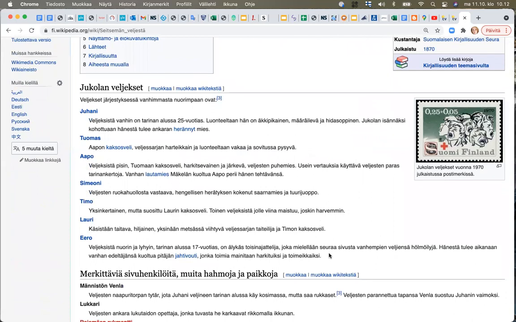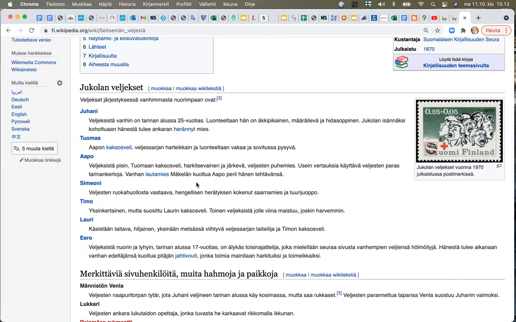Okay, but basically this is also a story of 7 characters, 7 brothers, where every one of them is different. And most of the personalities are funny.